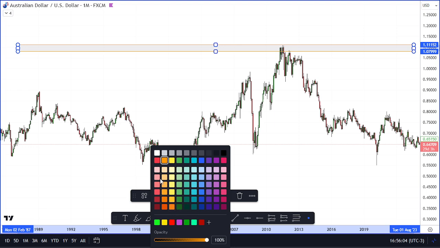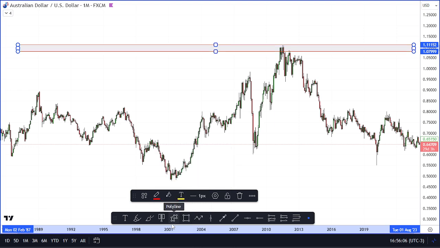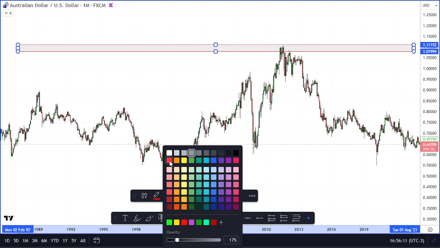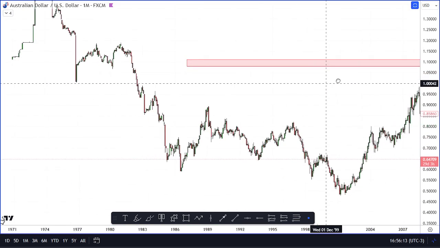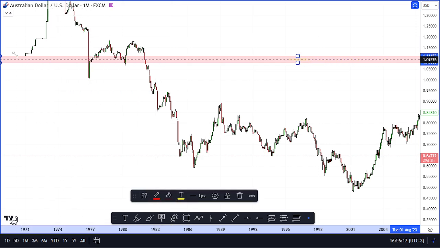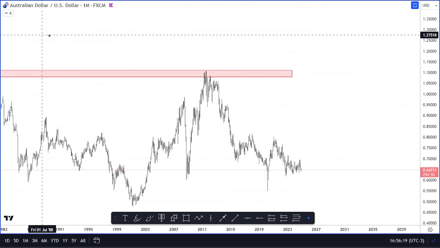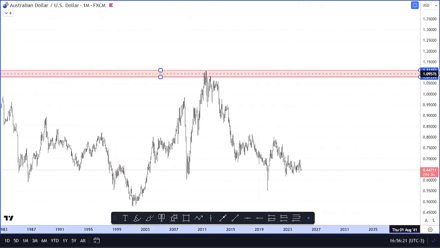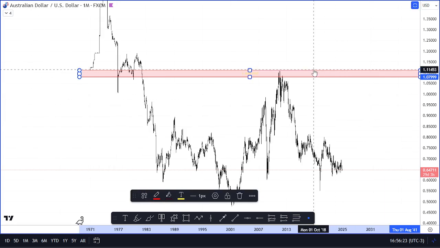It's going to be red, and the background is going to be red also. So I'm just going to extend all the way like this. This is the way I usually do my own support and resistance bands area.